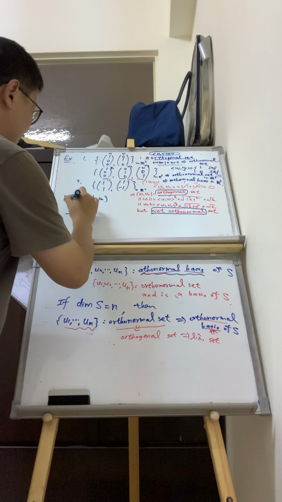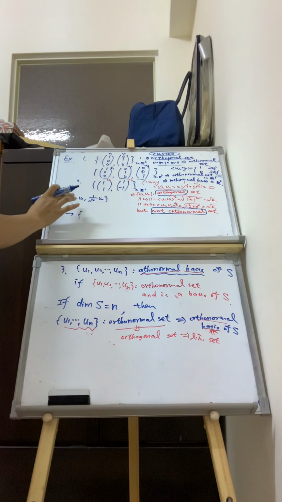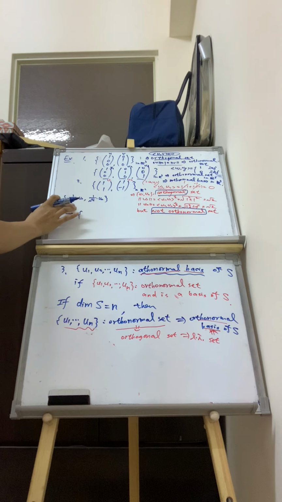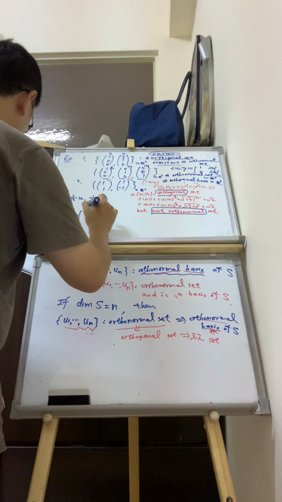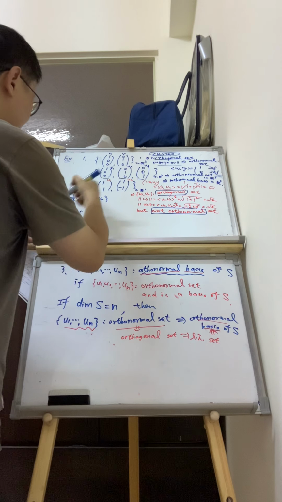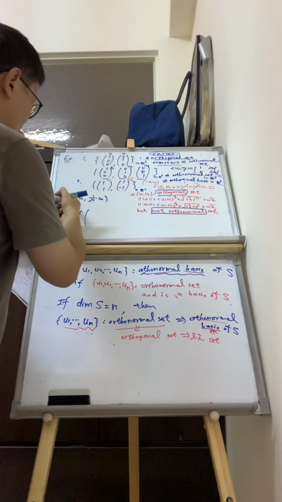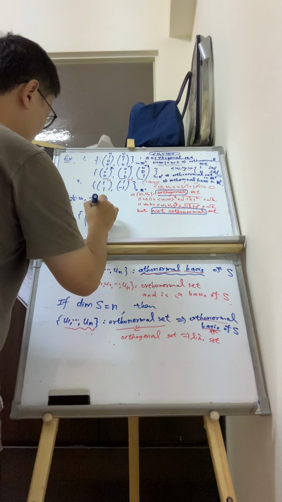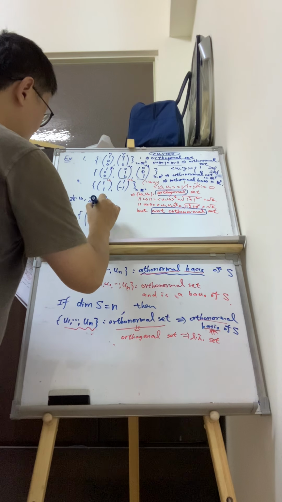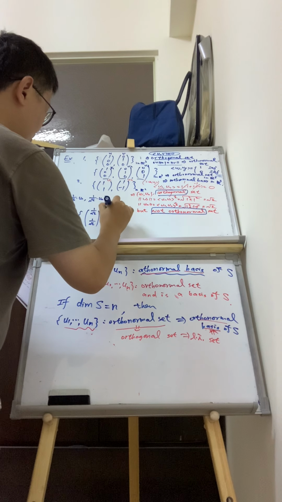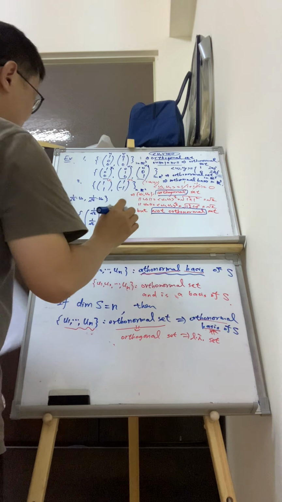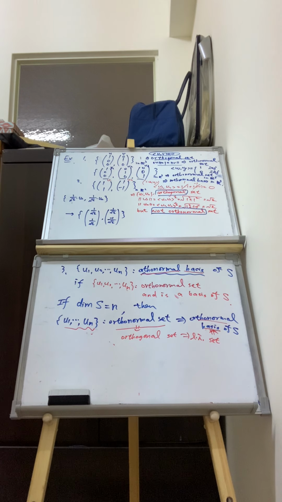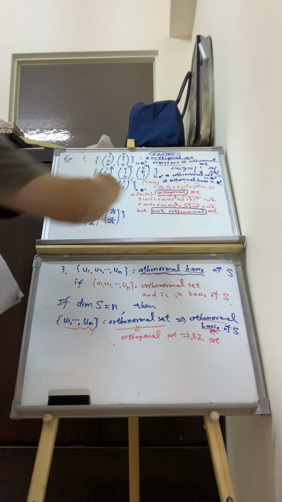Then you will see the length becomes 1, so it becomes a unit vector. So the set is 1 over square root of 2, 1 over square root of 2, and 1 over square root of 2, negative 1 over square root of 2.